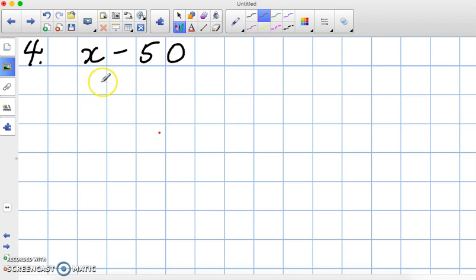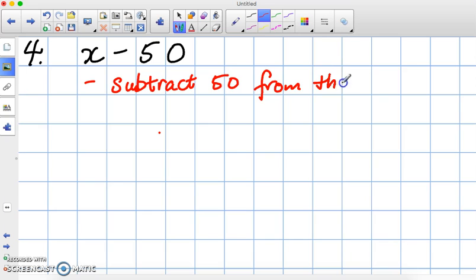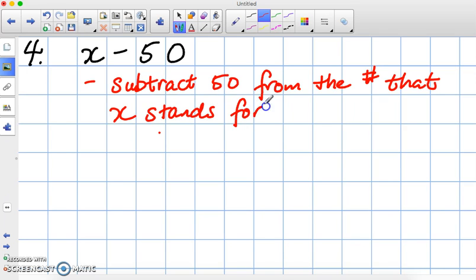So the way we interpret it this time is you're going to subtract 50, because it appears second, from the number that x stands for. Notice the difference between this and the previous example where you had 50 minus x. In this case, 50 appears second, so you have to say you're subtracting 50 from whatever your unknown number is.